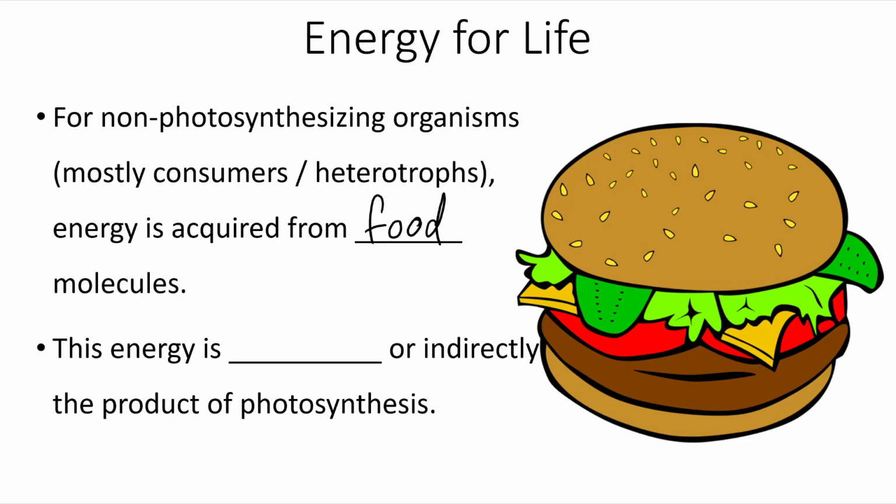This energy is either directly or indirectly the product of photosynthesis. The food that you're eating either got its energy from photosynthesis or got its energy from something which was consuming something that was powered by photosynthesis, or maybe even there were 2 or 3 steps. But for pretty much all ecosystems, the energy present within the organisms came from the sun.